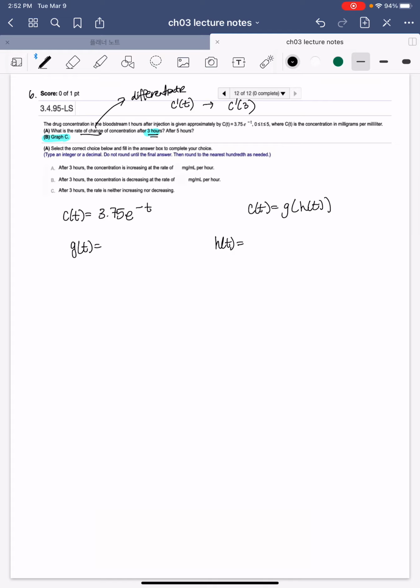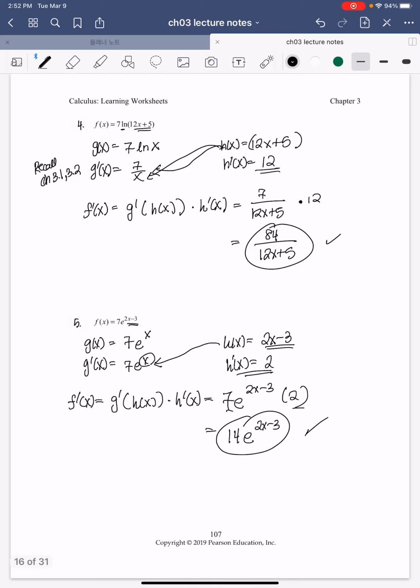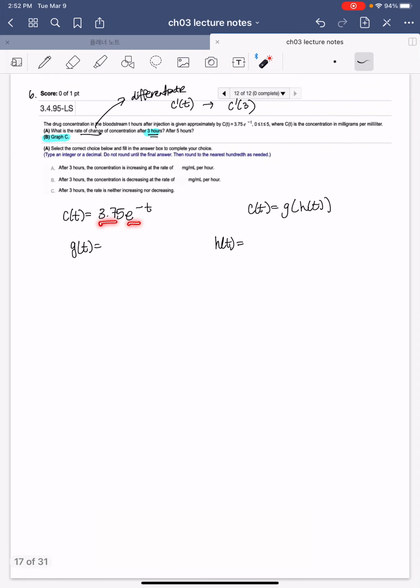Now, this looks very similar to what we just did here. You have a number e raised to the power. A number e raised to the power. So I'm going to do the same trick. This will be my h, negative t. This remaining one will be my g function, 3.75 e raised to the t.